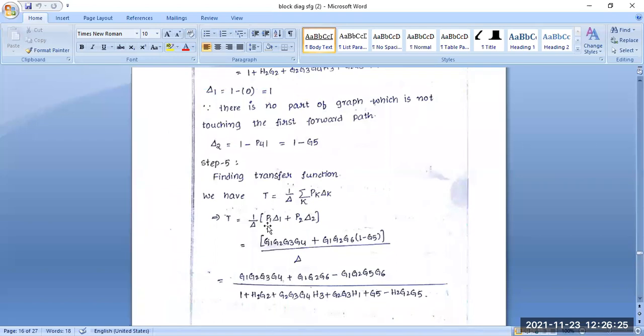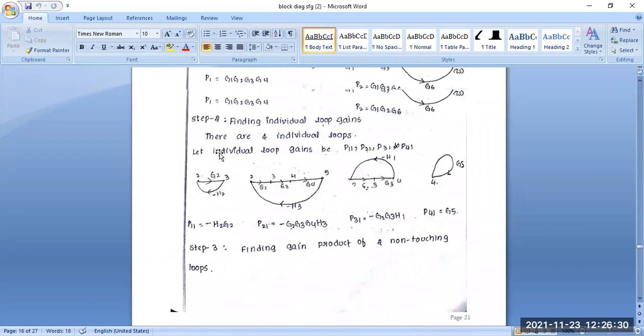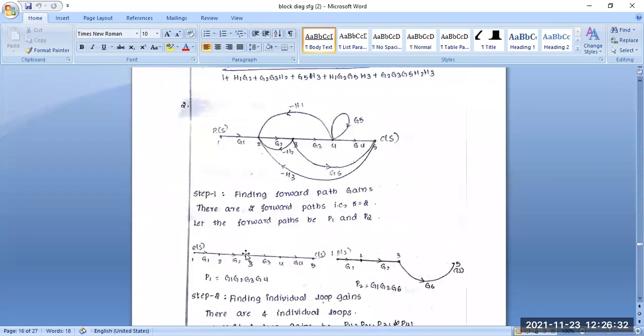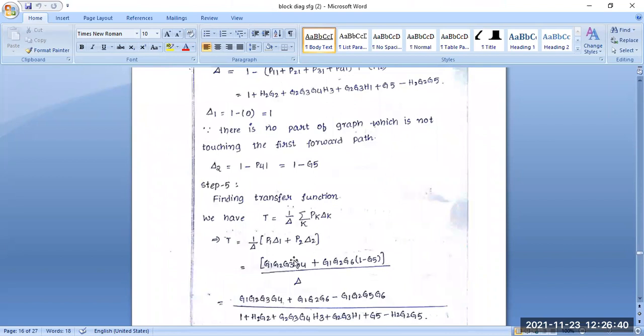What is the value of P1? You have to take this value from here. This is P1, that is g1, g2, g3, g4, and P2 is g1, g2, g6. So you put in P1 and P2, and delta 1 equals only 1, and delta 2 is 1 minus g5. And what is the value of delta?